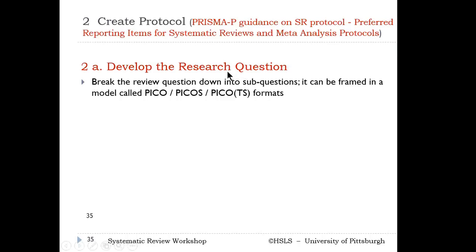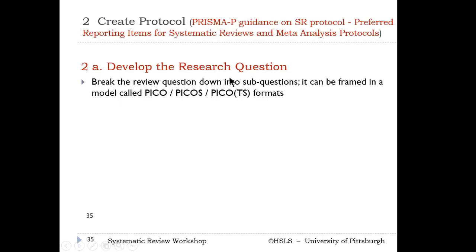We had to change it from time to time for several reasons. Anyway, when you develop the research question, there is a methodology. The methodology is to break the review question down into sub questions.